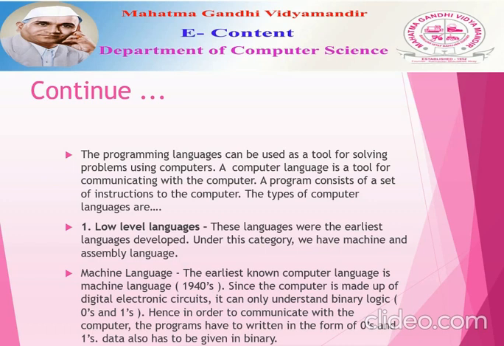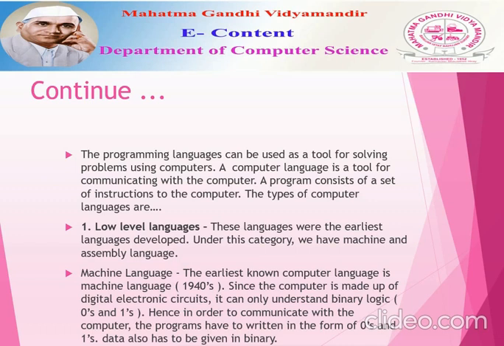Whatever instruction we have to give, suppose I have to write the code for addition of two numbers, then I have to write the code for that add instruction in zeros and ones. Previously, that was machine language. But the problem with using machine language is that it is very difficult to understand.